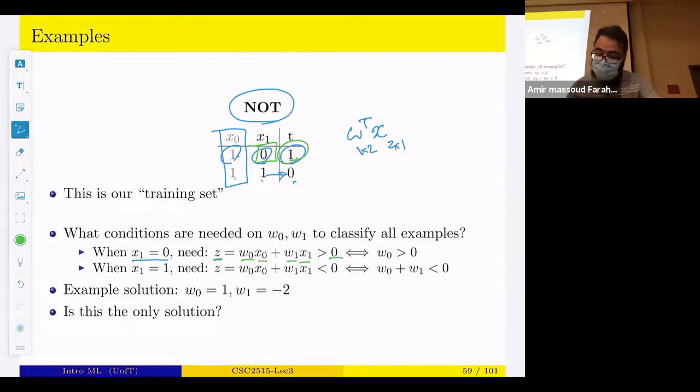X1 is 0, so the W1 X1 term is 0 and doesn't matter.